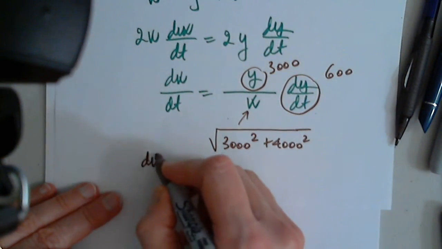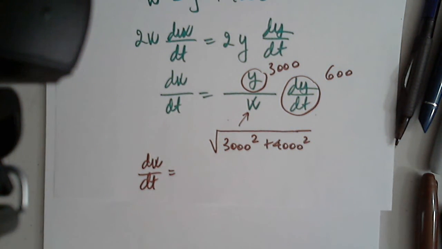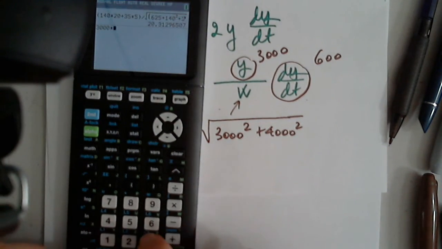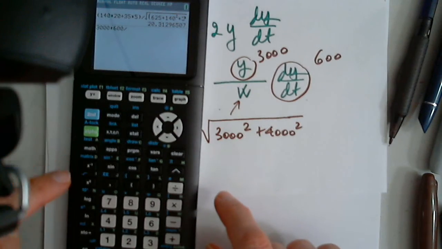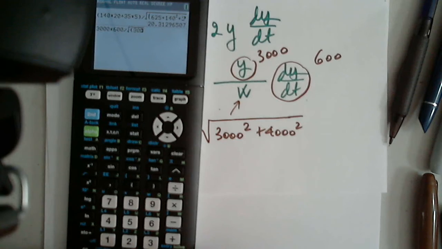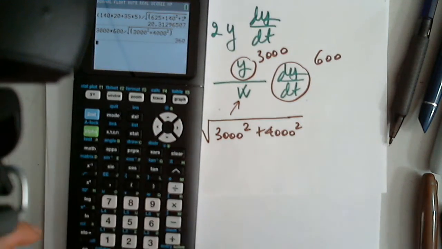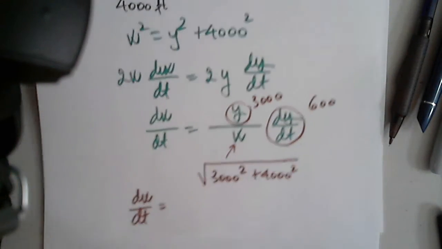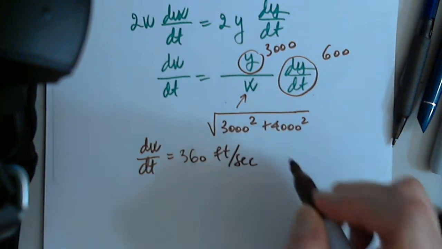Okay, so then dW over dt, on my calculator, so 3,000 times 600, I shouldn't do that with the calculator. It's embarrassing. The square root of 3,000 squared plus 4,000 squared, then enter: 5,000. So dW over dt is 360 feet per second.